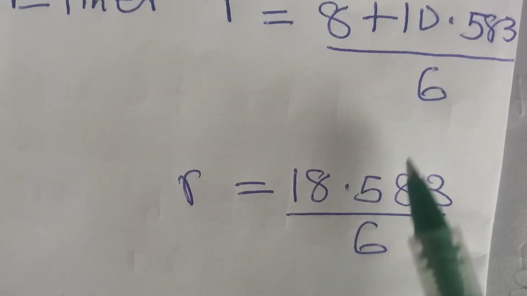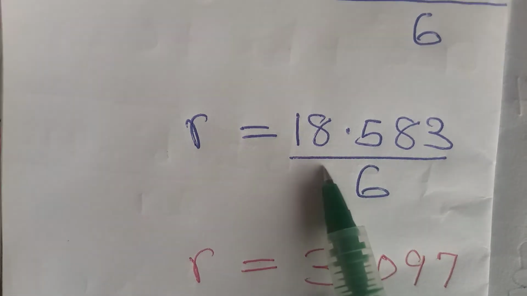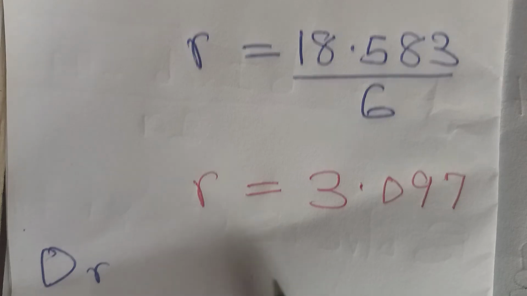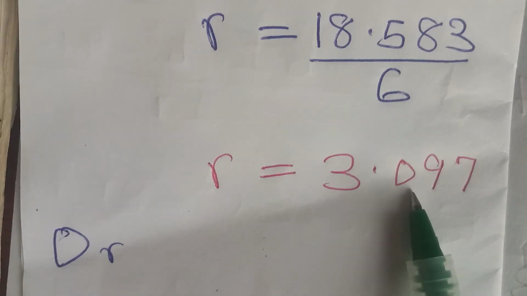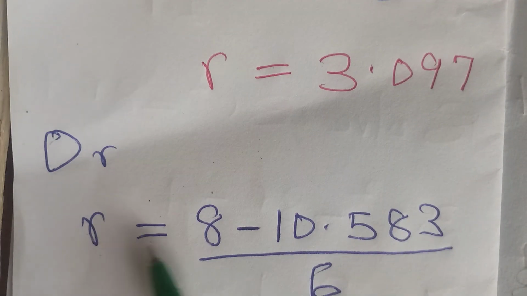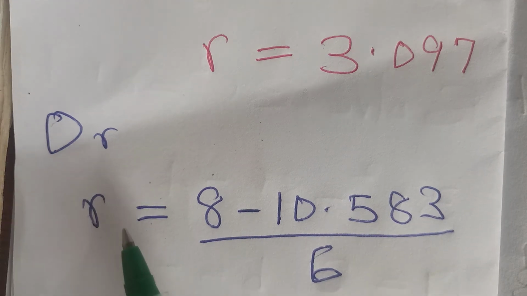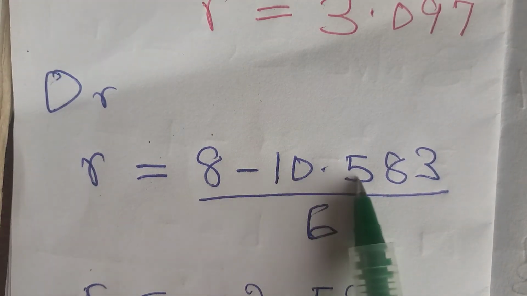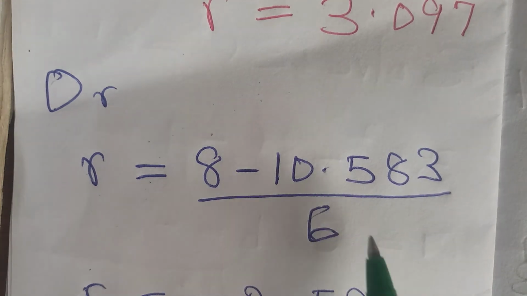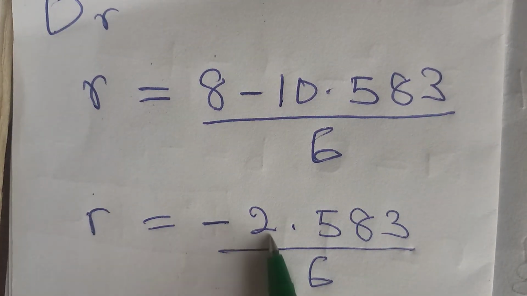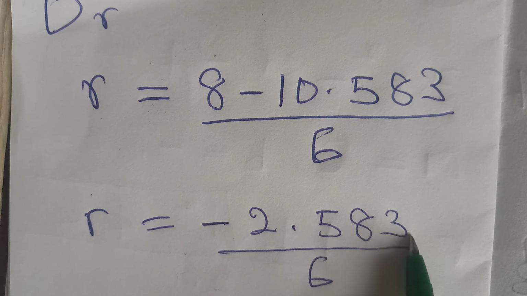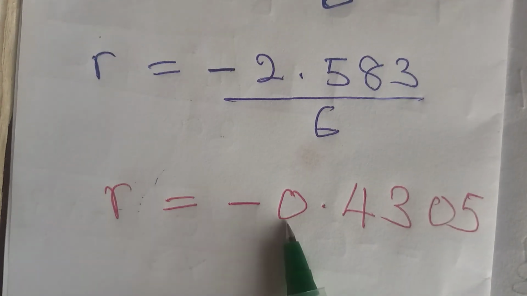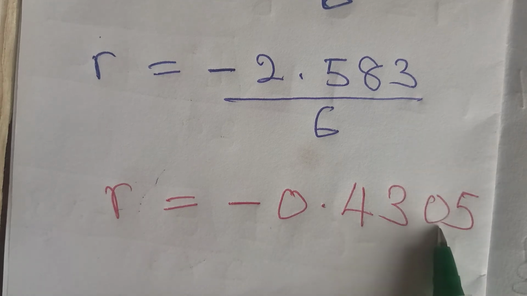In which case, r equals 18.583 over 6, and that will give us r as 3.097. Or we now take the negative part, r equals 8 minus 10.583 all over 6, in which case r is minus 2.583 over 6, and r equals minus 0.4305.